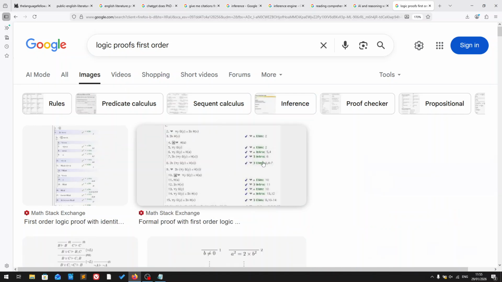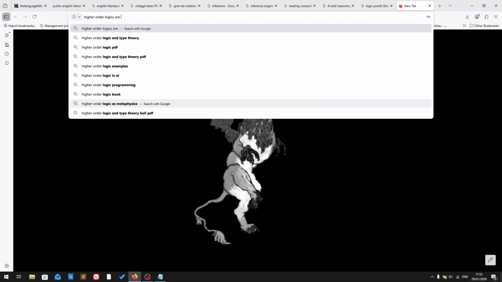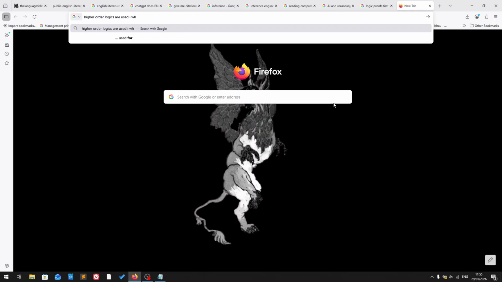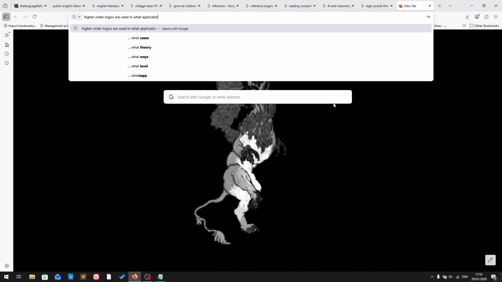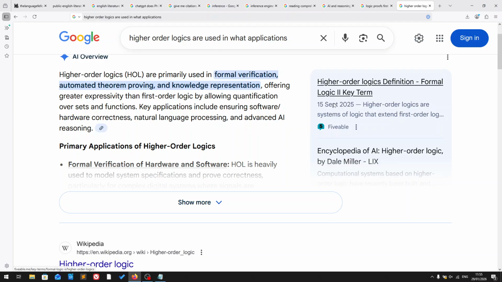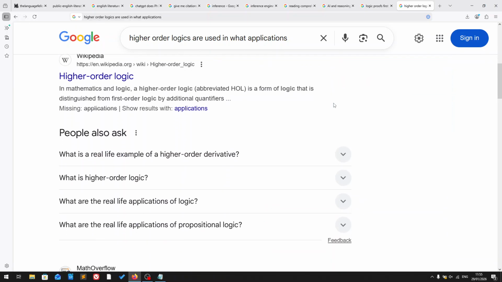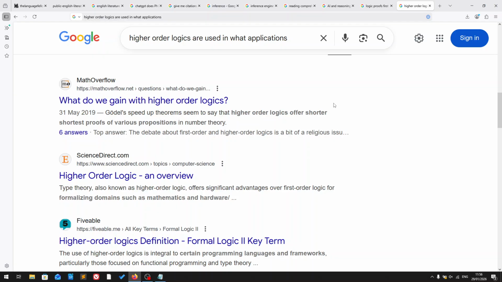Okay, given that you can represent so higher order logics are used in what applications? Knowledge representation is already there, right? Offer shortest proofs of various propositions in number theory.